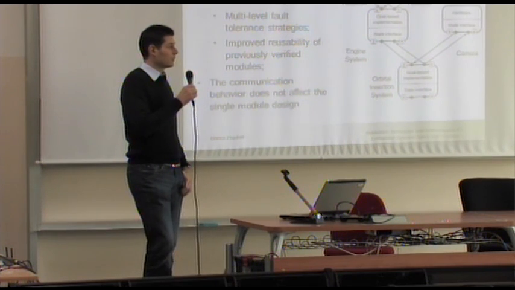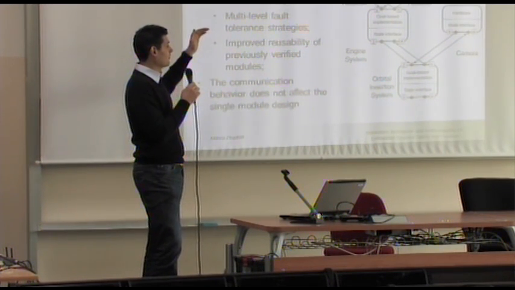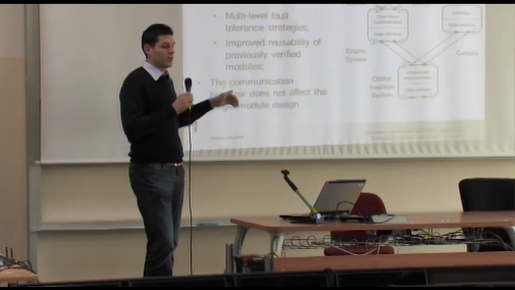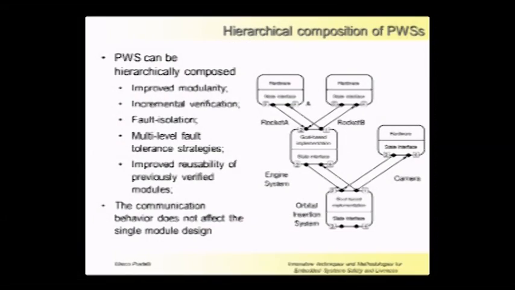As I said, parts of a Statechart can be hierarchically composed, and we are able to identify a structure of the system and even graphically represent the path of the fault propagation, for example.